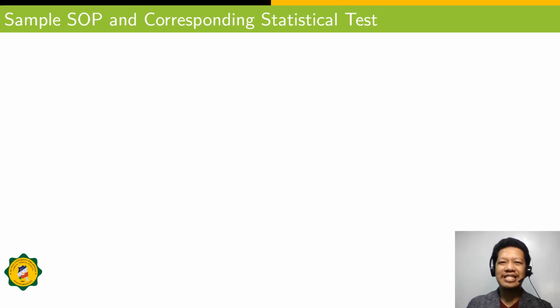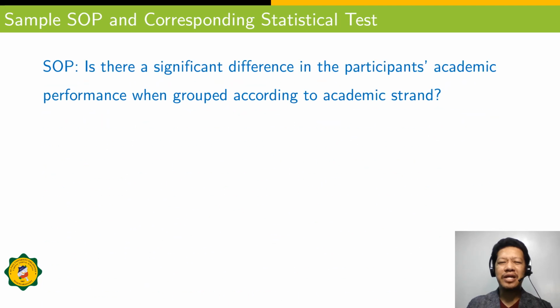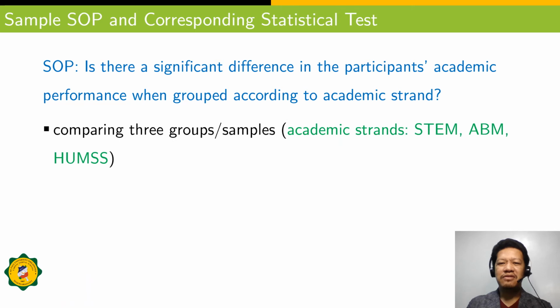How about in this SOP? What's the appropriate statistical test to be used? Is there a significant difference in the participants' academic performance when grouped according to academic strand? Let's say we have here academic strand, so we have three groups or samples: STEM, ABM, and HUMSS.